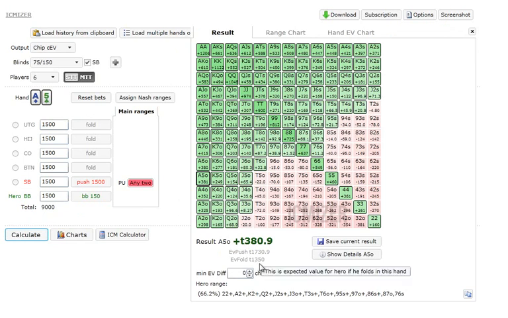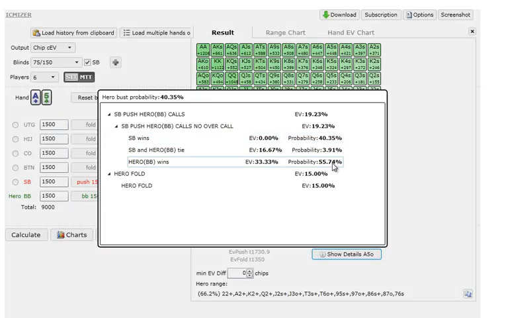When we fold, you know what happens. We just continue playing with 1,350 chips. When we call, we are taking a pretty good hand against a random hand. Ace-5 is a good hand, right? So we can see that we win in 55% of cases. Sometimes we split. So basically we have 57% equity.